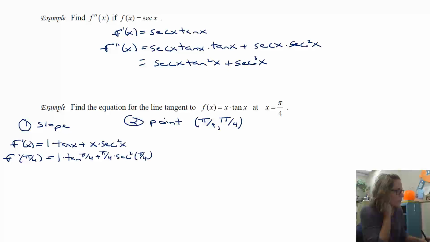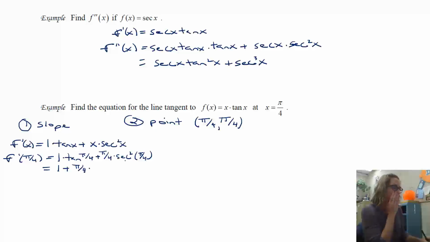So that secant squared is 1 over cosine squared. So when you do tan of pi over 4, you're going to get the 1 again, so you have 1 plus, and then we're going to have the pi over 4 for the second piece, times secant squared of pi over 4.